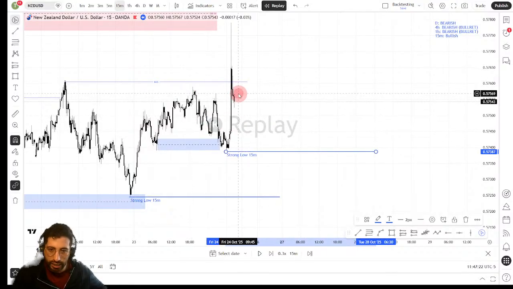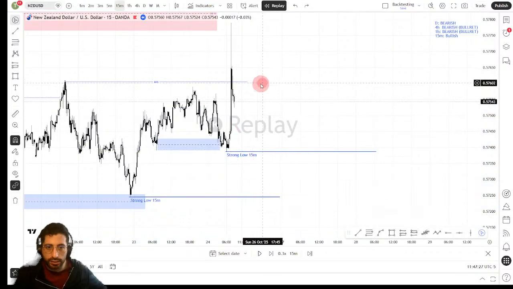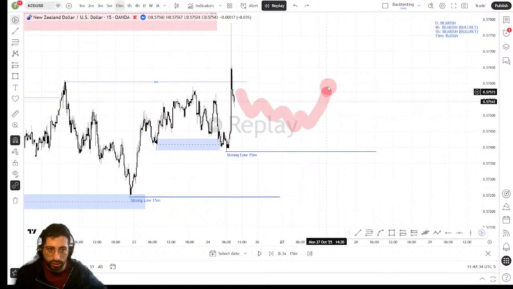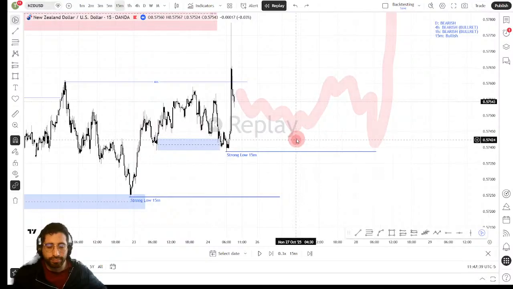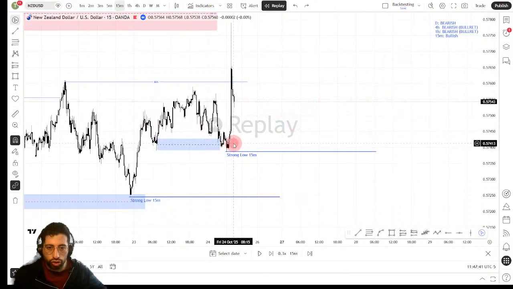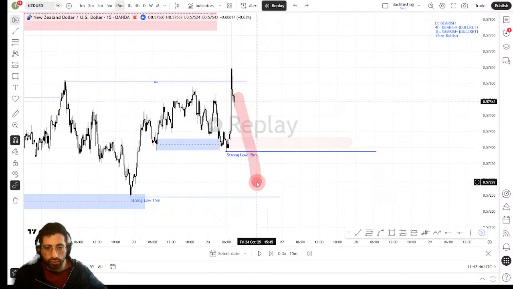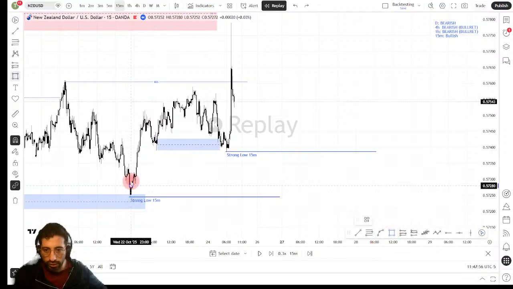But if the price goes so fast down and does not provide us certain liquidity like this, for example, that we can continue, follow, or take as a possible point of interest, if it goes so fast, it will take it out, and this will become a strong high, right? Sorry, it will become a strong low. So that's why we need to see how the price behaves.